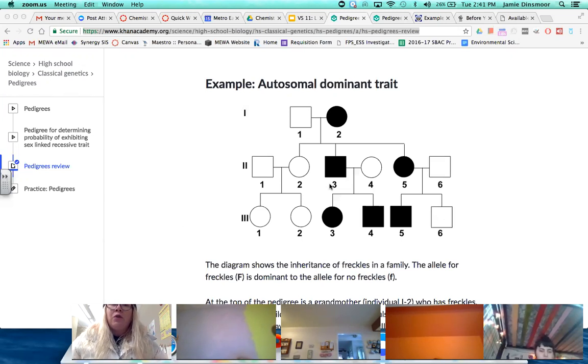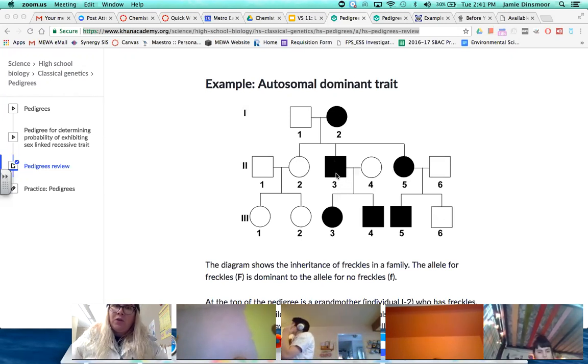Now, that doesn't mean every person is going to have it. But if we look at this first family here, we have our dad and our mom, and they had 1, 2, 3 kids. We see 2 of those kids have freckles, 1 kid doesn't. That would make sense for a dominant trait. Same thing here.